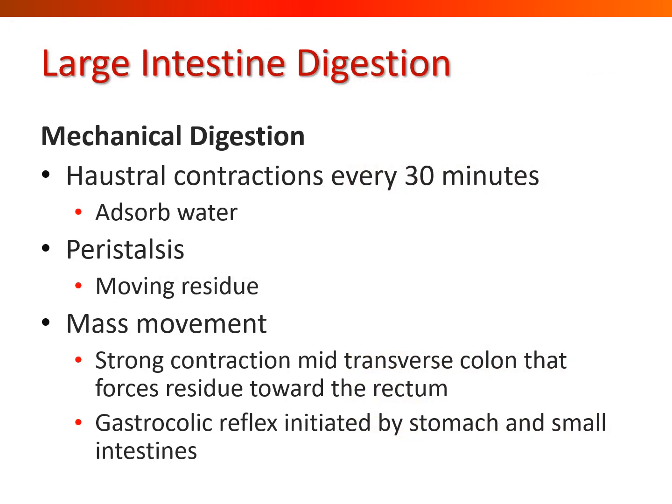Now, the haustra, which are the little pockets, are going to undergo a contraction about every 30 minutes. And it's the job of the haustra to start to pull water out of the residue and to ensure that we have a firm shaped stool at the end of the process.